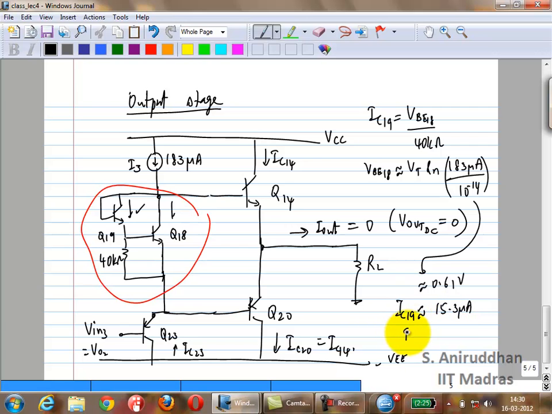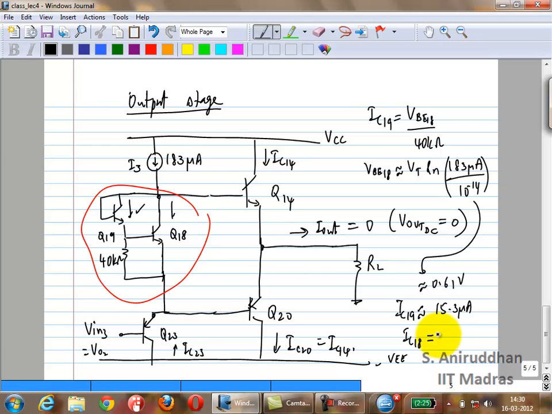So what is IC18? That is IC19. Now what is IC18? It's just 183 minus, what is that?